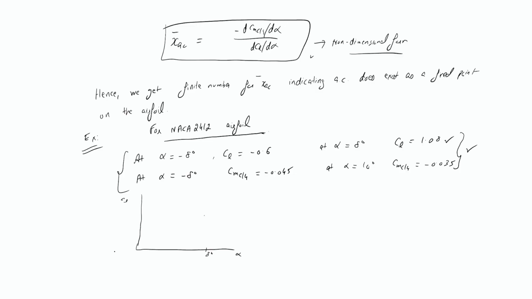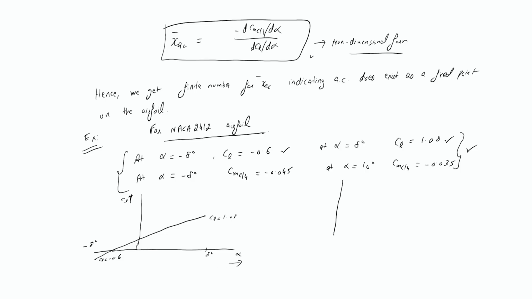And at alpha equals minus 8 degrees, CL equals minus 0.6. Now consider this as the minus 0.6 point. Now join these two points. So this is the CL versus alpha curve.